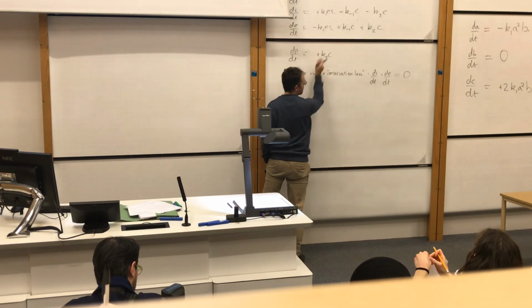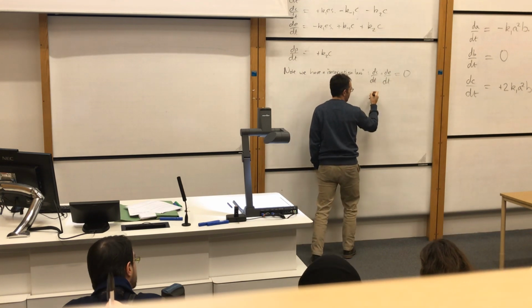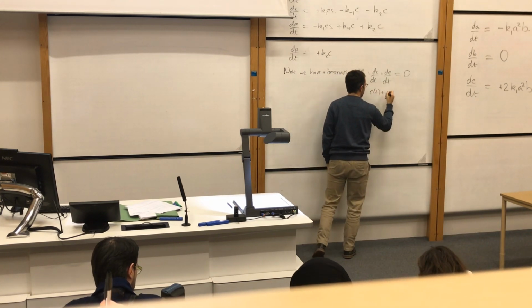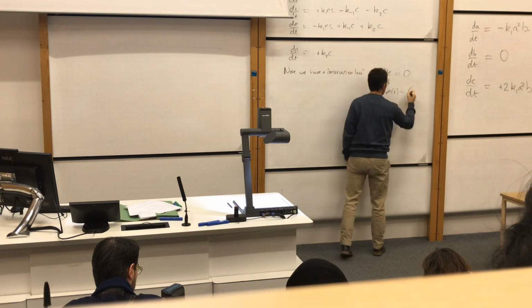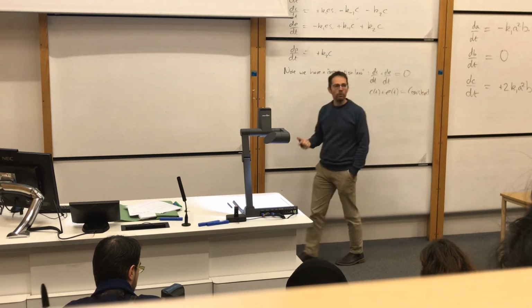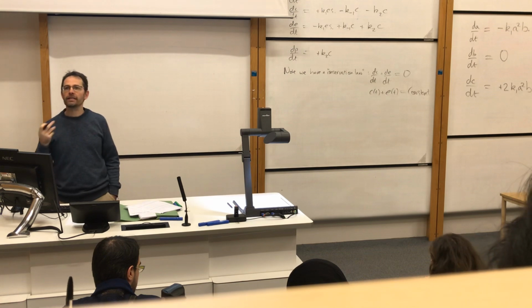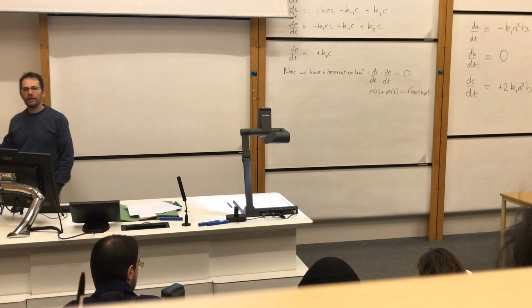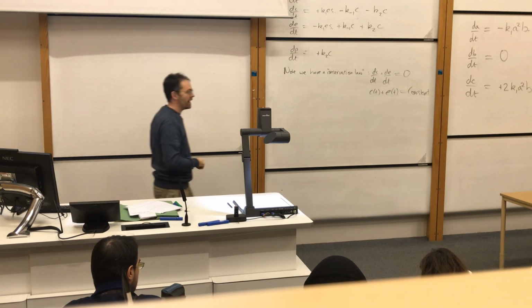If dC by dt plus dE by dt is 0, then by integrating, C of t plus E of t is going to be some constant for all time. In other words, the amount of enzyme plus complex is conserved over the full reaction.